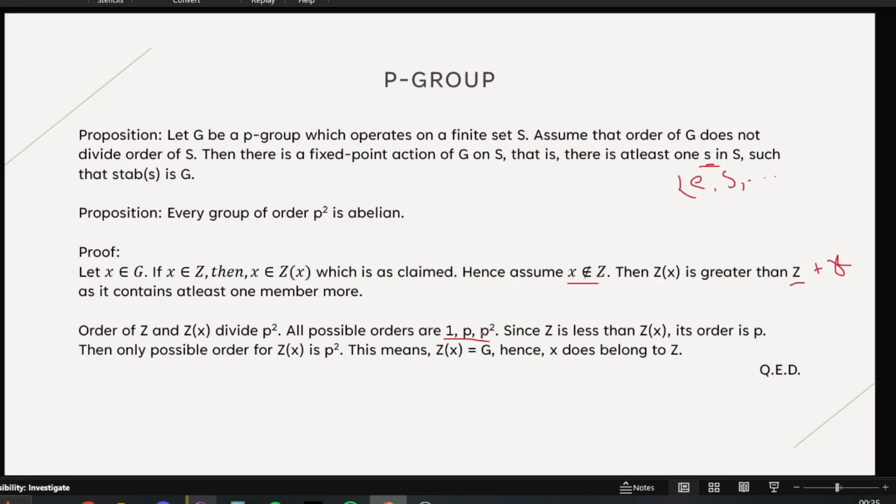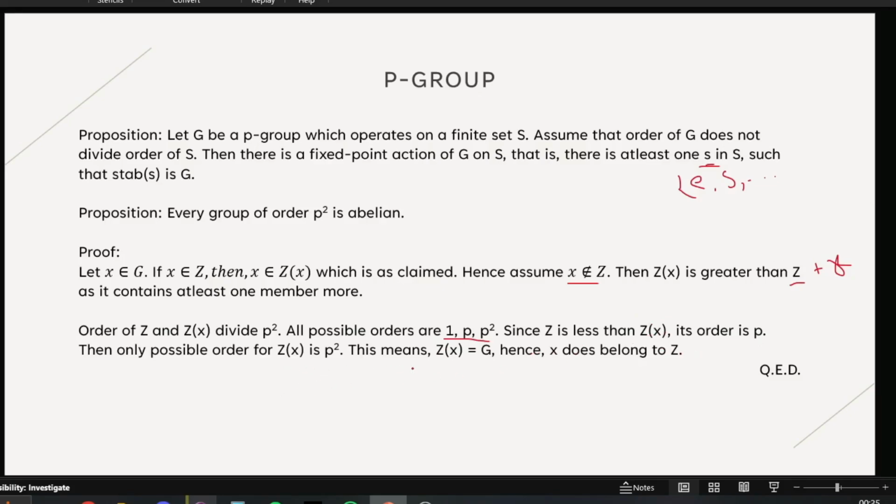So next, Z has to be less than Zx. The center has to be less than the centralizer of X. So the only possible order for the center Z is P. Then, since Zx is greater than P, the only possible order for Zx is P square.